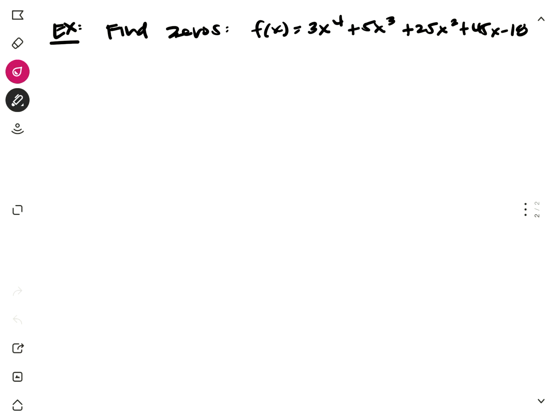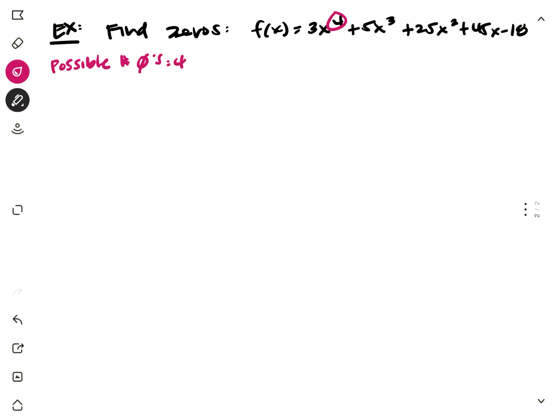If you recall the last time, the first thing we did was determine how many zeros we could possibly have. So that was 4. The possible number of zeros is 4, because that's our highest degree. Then we also said we want to find all the combinations of zeros.